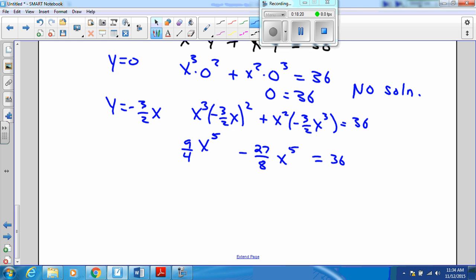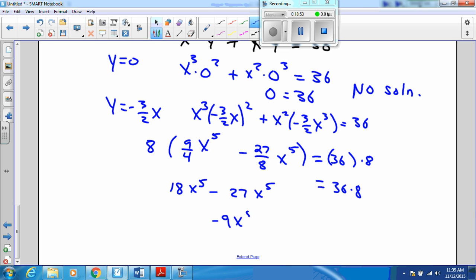And that looks a little grotesque, but I can clear the fractions by multiplying both sides by 8. When I multiply both sides by 8, I get 36 times 8 over here. I'm not going to simplify that yet. I may not need to. And over here, I get 18x to the 5th minus 27x to the 5th. What is 18x to the 5th minus 27x to the 5th? Negative 9x to the 5th.